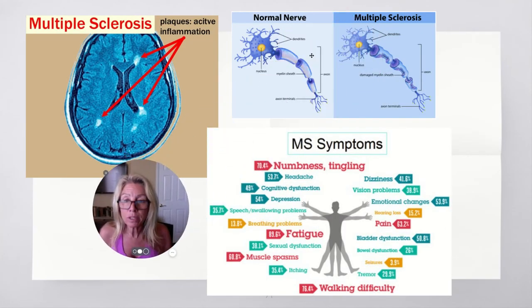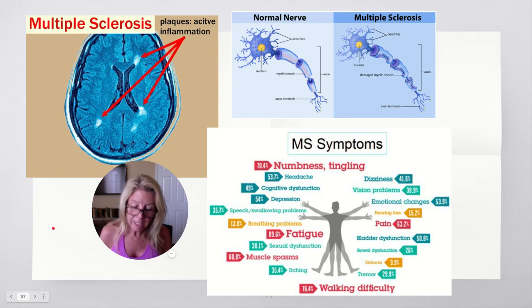Multiple sclerosis. Multiple sclerosis is an autoimmune disease. This is when your immune system attacks your own tissues. Specifically, the myelin sheath is attacked, that protective coating. So it's an autoimmune disease where the myelin sheath is attacked in the neurons of the brain, causing fatigue, problems with vision, weakness, pain, etc. All right.